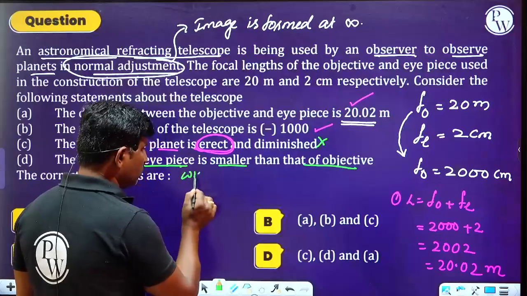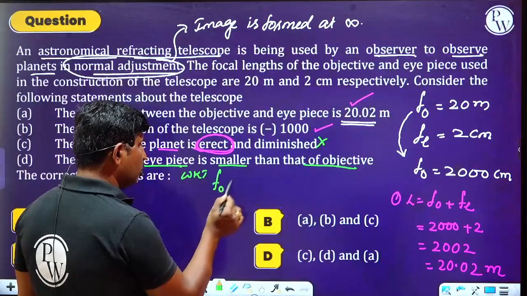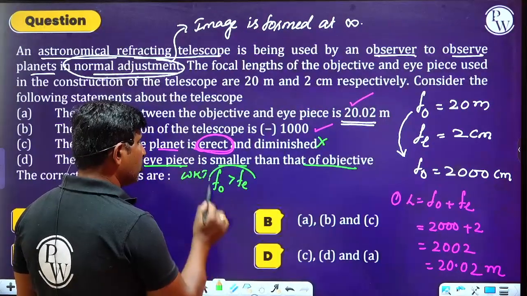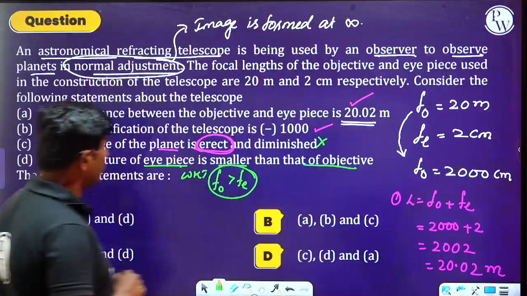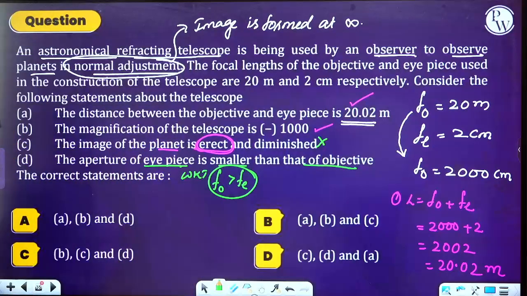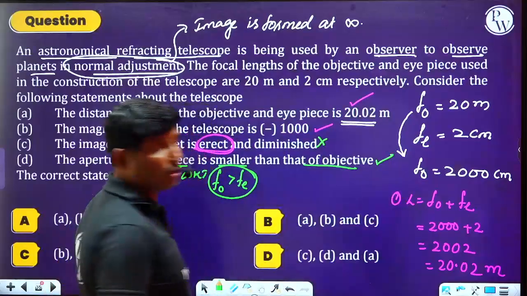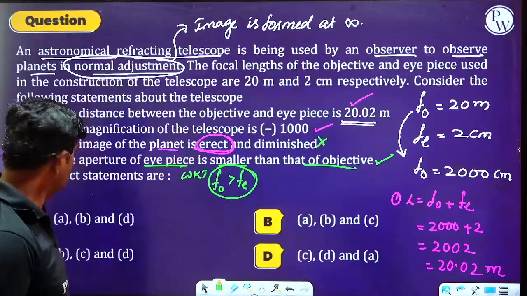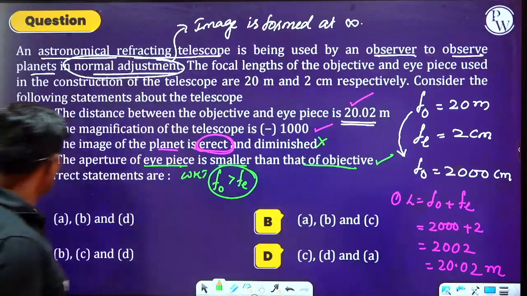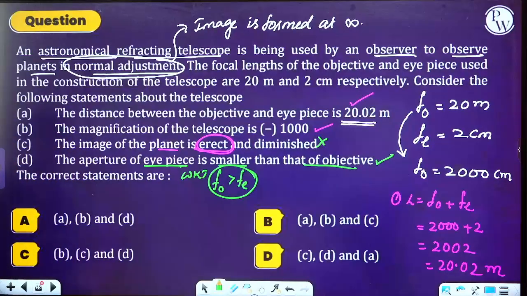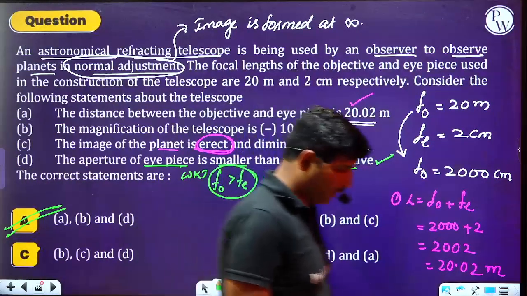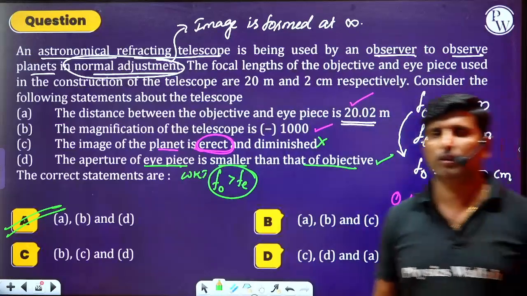We know that the objective focal length is greater than the eyepiece focal length. Therefore, the aperture of the eyepiece is smaller. Hence, statement D is also correct. So we can go with A, B and D. That is option A as the right answer.